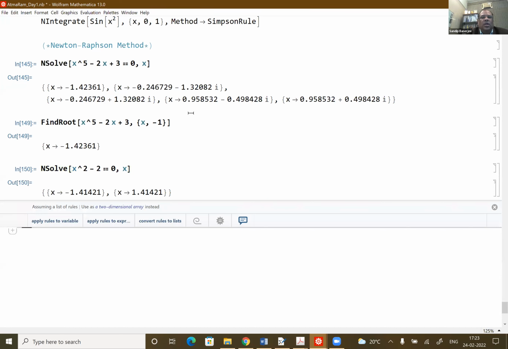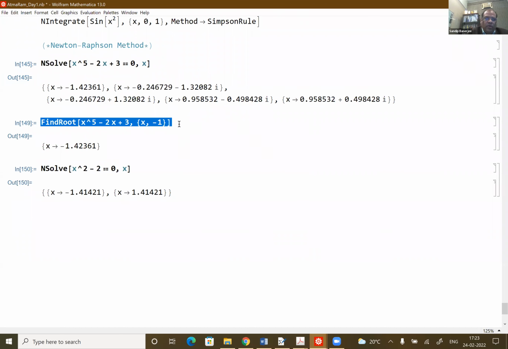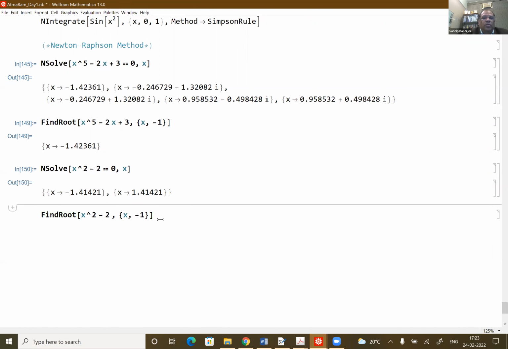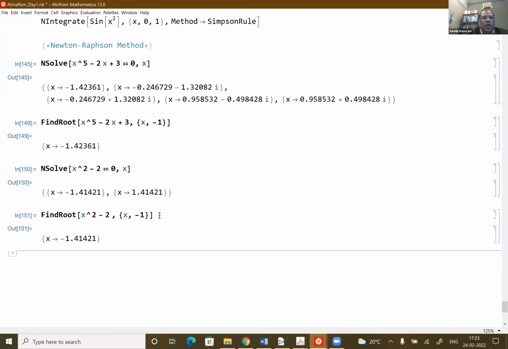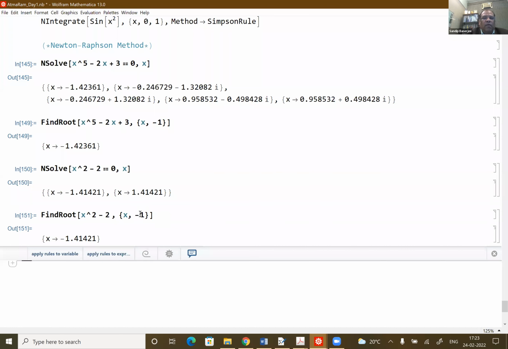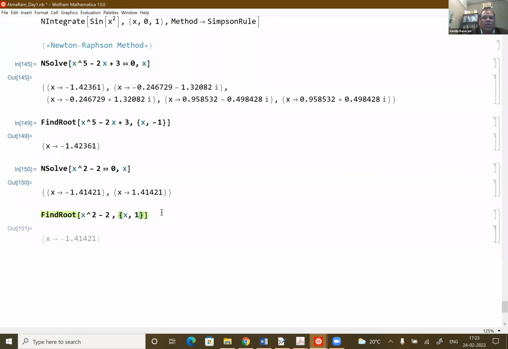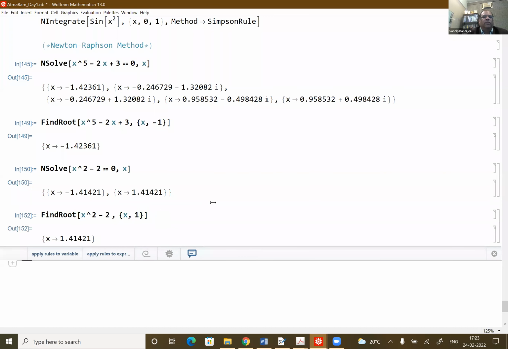Okay, so these are the two roots. If I use FindRoot, x squared minus 2, if I give -1, it will give the negative. If I give +1, it should give the positive.